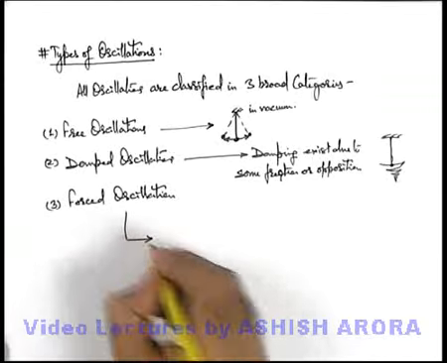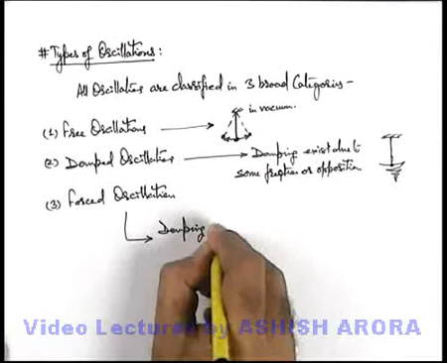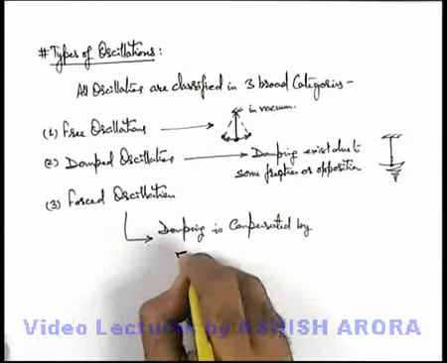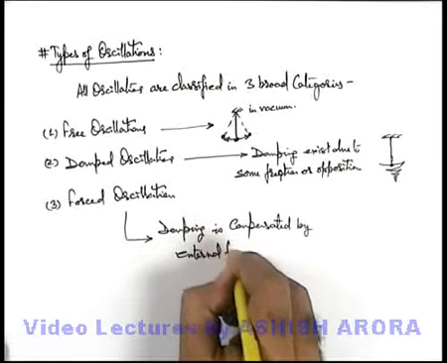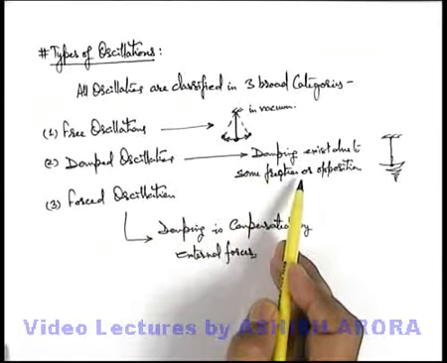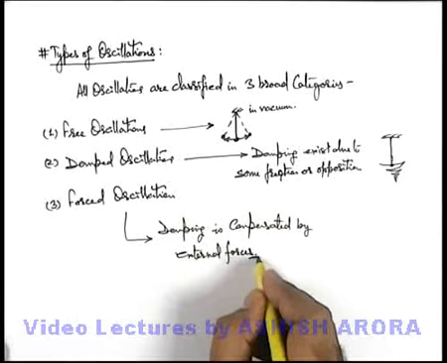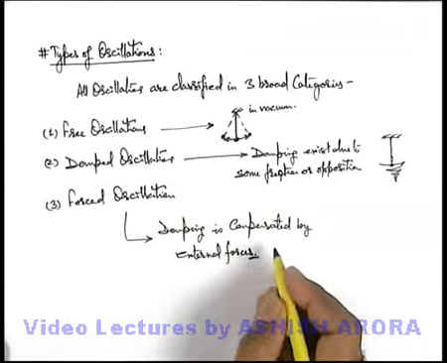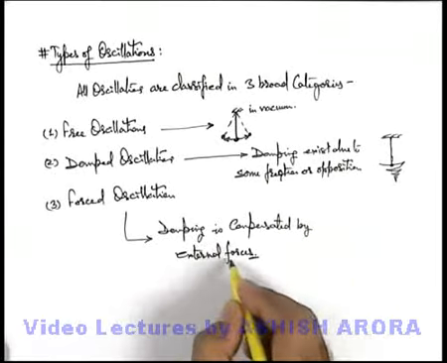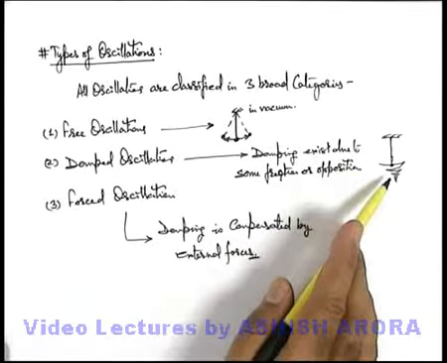If we talk about forced oscillation, damping is compensated by external forces. In the presence of external non-conservative forces, damping takes place, and if some external force is supplying energy at the same rate at which the damped oscillation is losing energy, then by applying an external force, energy is continuously being supplied which is being lost by the particle.